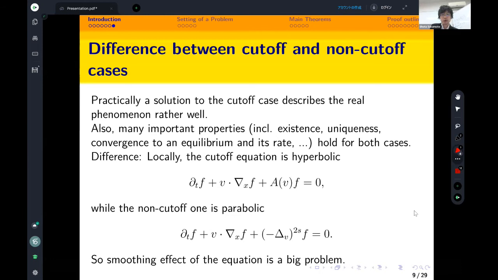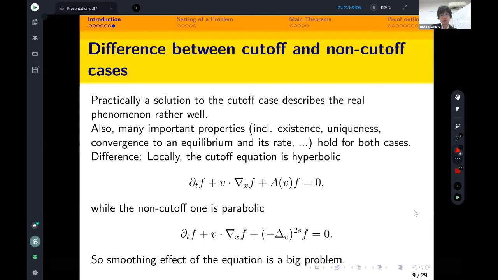And in view of solving PDEs, many important properties like existence and uniqueness of a solution, convergence of a solution to an equilibrium, and its decay rate, are the same most of the time. But there is one big difference.